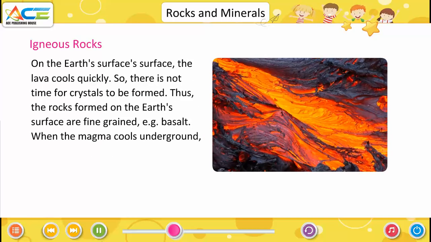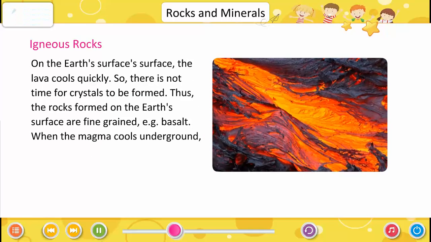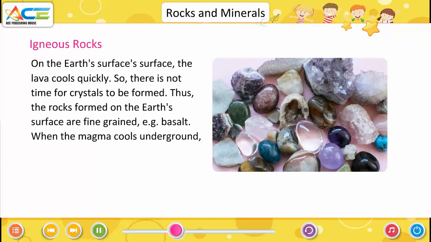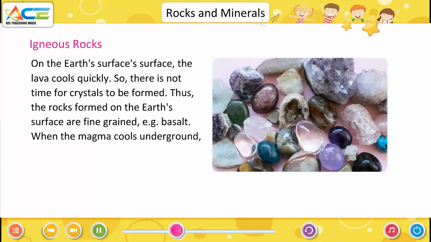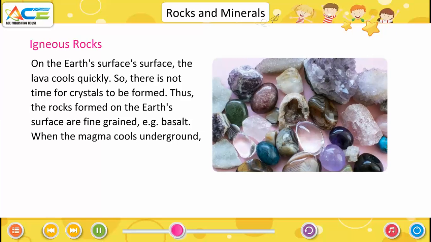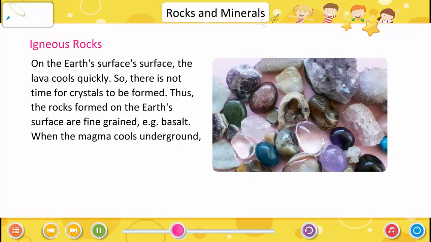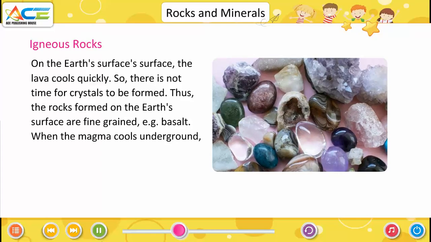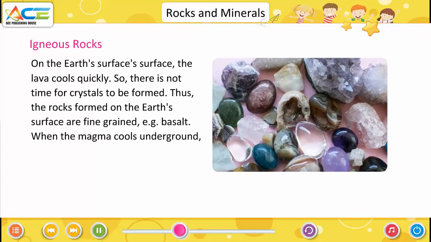On the earth's surface, the lava cools quickly, so there is not time for crystals to be formed. Thus the rocks formed on the earth's surface are fine-grained. Example, basalt.